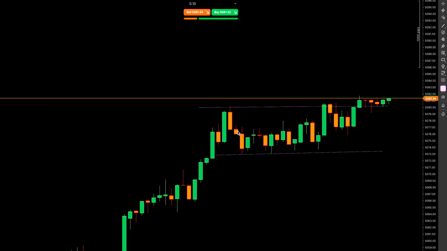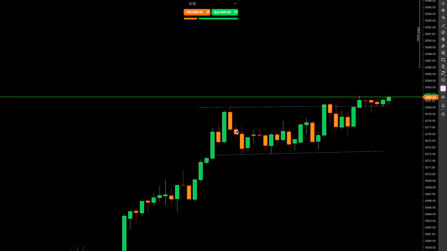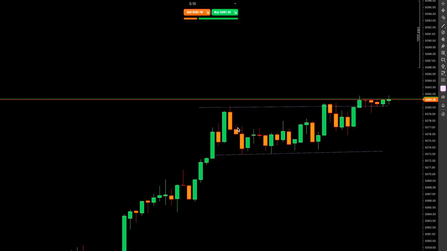Personally, I could say this one is a continuation to the downside. That's why you have this candle right here, and you have a little wick on the top of it, meaning that bearish is taking control over here, and this one is a continuation to the downside.